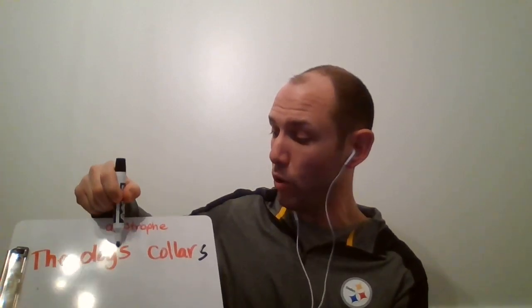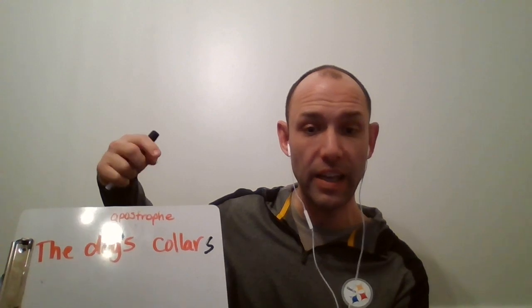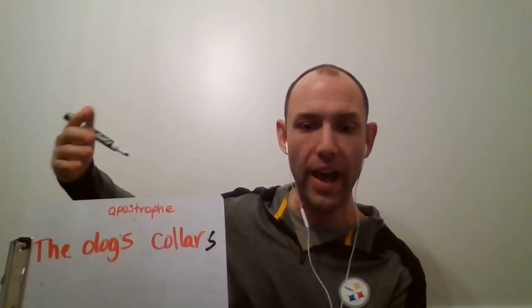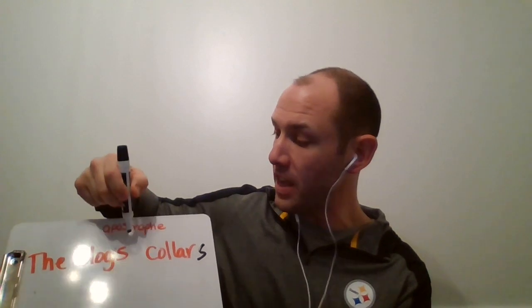It's dogs. So where the apostrophe is depends. If the apostrophe is before the S, that's going to tell us it's a singular possessive noun, or something that owns or has something. If the apostrophe comes after the S, that is a possessive plural noun.